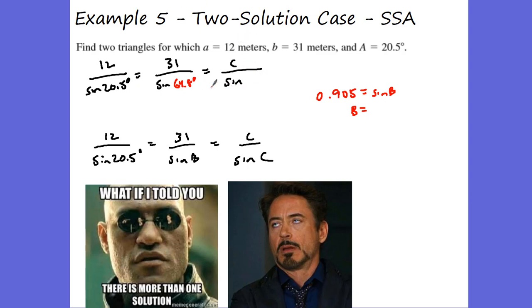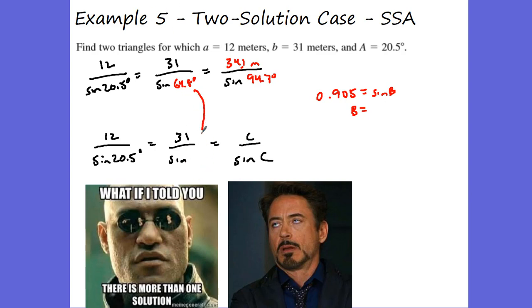So 180 degrees minus 64.8 minus 20.5, and I get 94.7 degrees, which means angle C. I can do my cross multiplying again: 31 times sine of 94.7 divided by sine of 64.8 ends up giving me 34.1 meters.